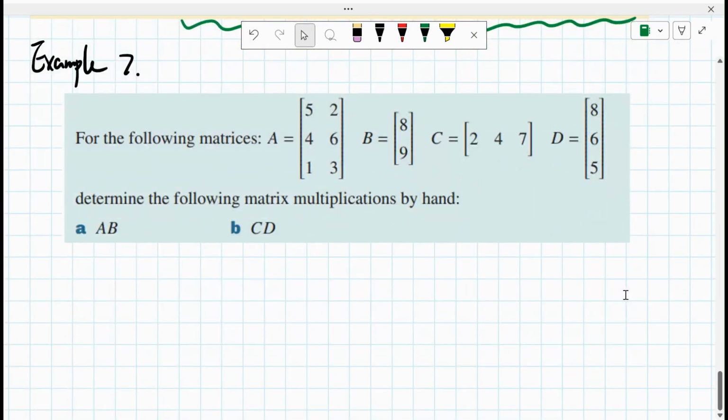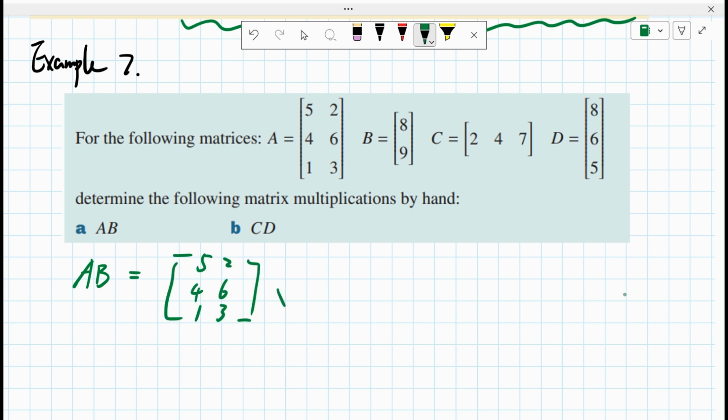Now, start with the same question, but we're going to multiply them. A times B is the matrix 5, 4, 1, 2, 6, 3 multiplied by 8 and 9. We're doing it step by step. First, we use B as a repeat.